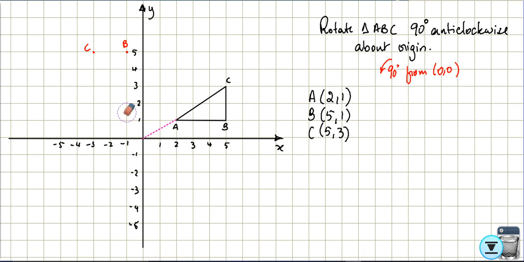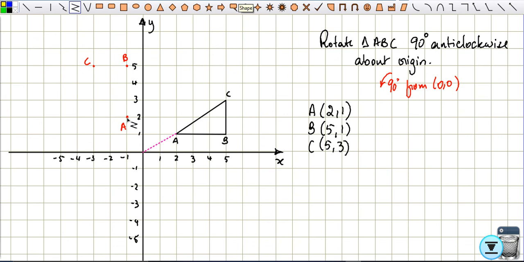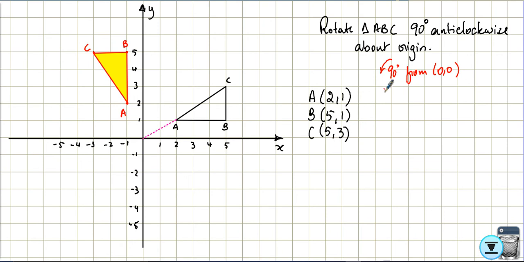There's a small mistake there. Let me draw the triangle again. So A is the coordinate now minus 1, 2. B is the coordinate minus 1, 5. And C is the coordinate minus 3, 5.